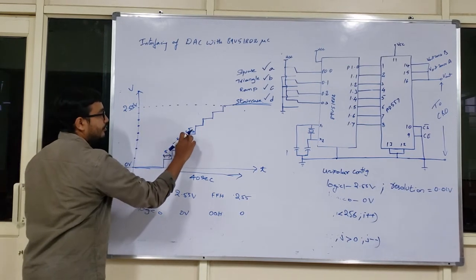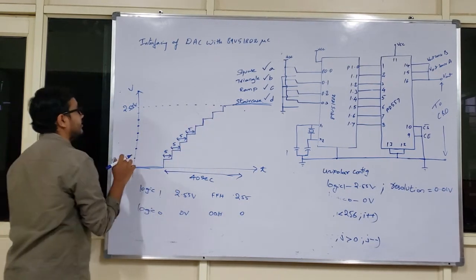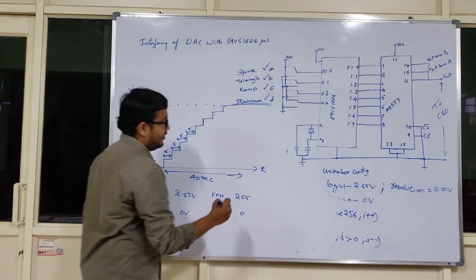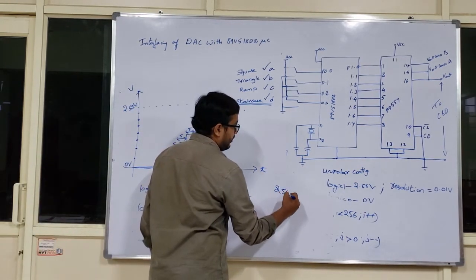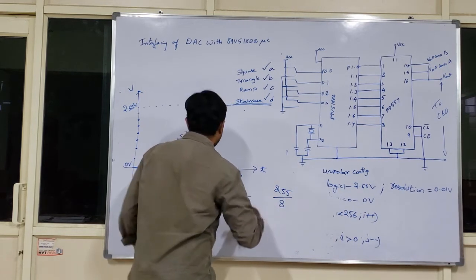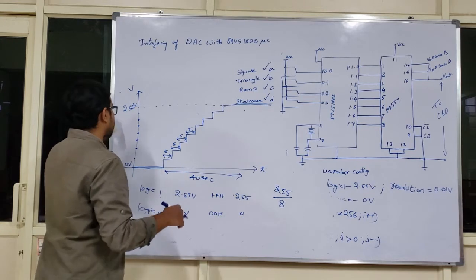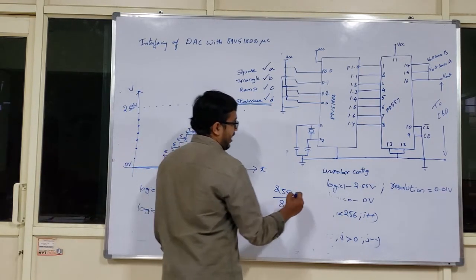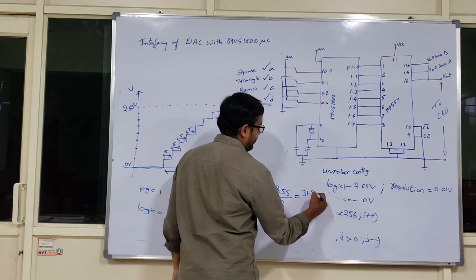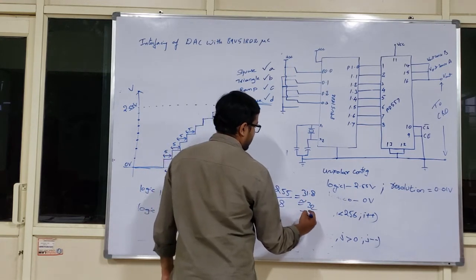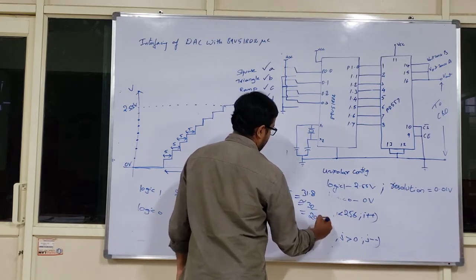So divide your 255 into 8 intervals, because this is my voltage axis, right? So divide or partition this into 8 equal intervals. I will be having a value of around 31.8. The approximate value is 32. The approximate value 32 is, I think, 20H, right?